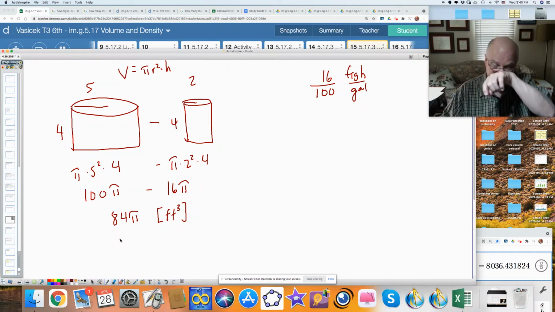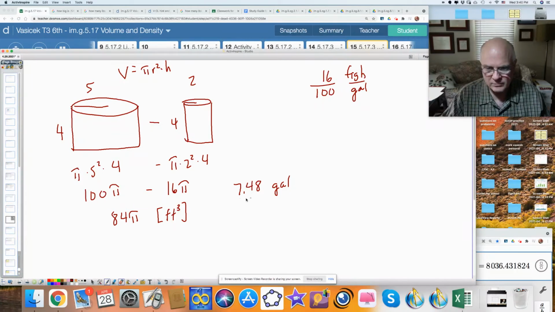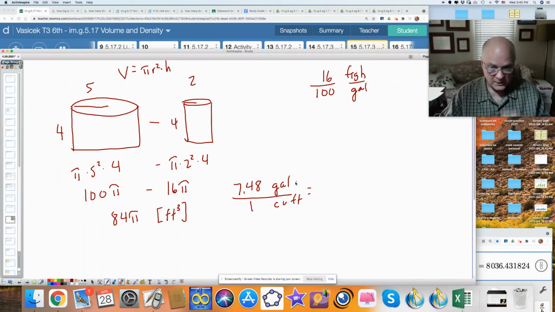Now, I need to change this over to gallons because my density over here is in gallons. If you look it up on Google, you'll find that there are 7.48 gallons per cubic foot. And I can set a proportion here. I've got my cubic foot. This is foot cubed, the same as cubic foot. This is 84 pi.